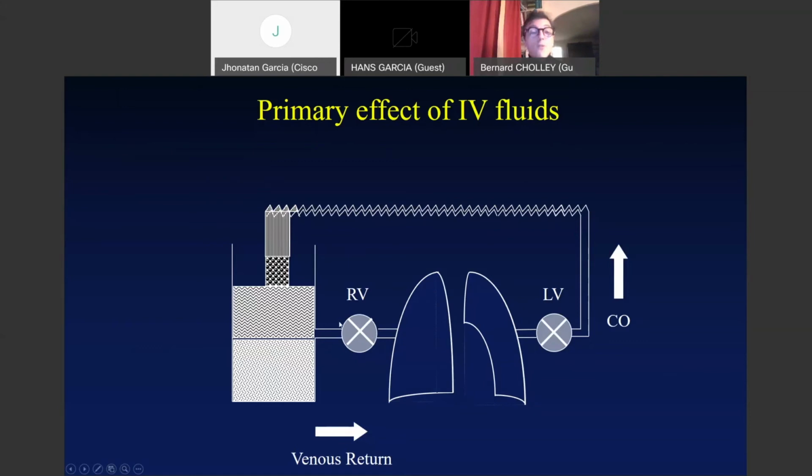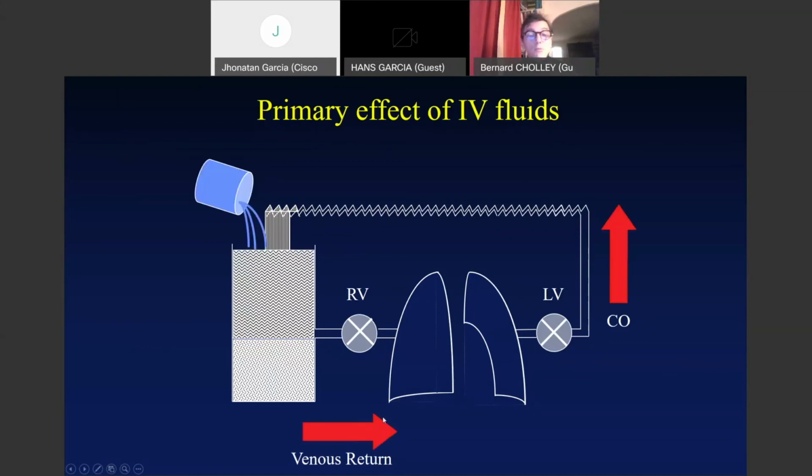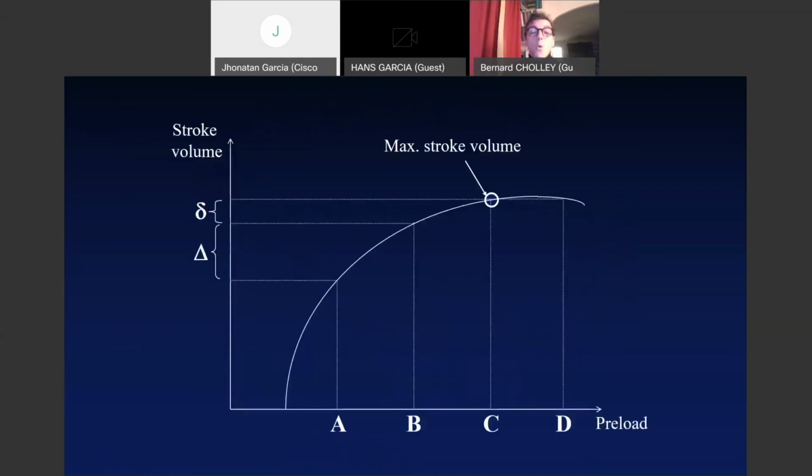If I give fluids to my patients, the primary effect is to increase venous return and increase cardiac output. So if I go back to my cardiovascular function curve, each of us normally functions in the preload dependent part of the cardiovascular function curve.